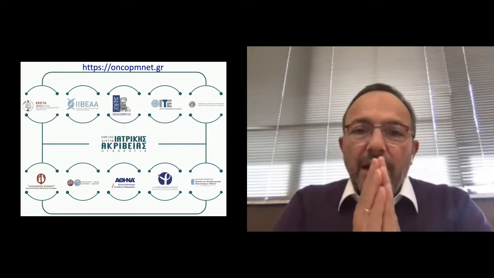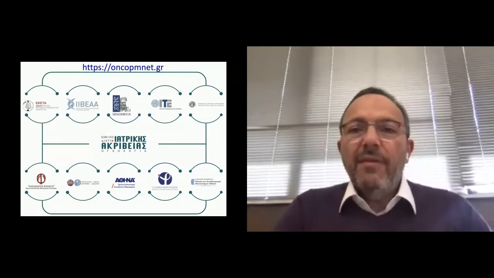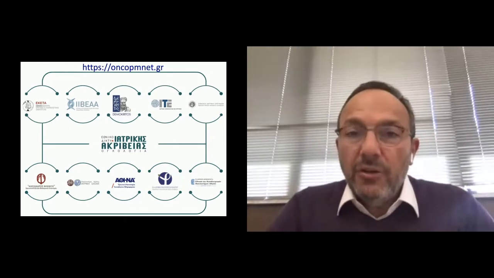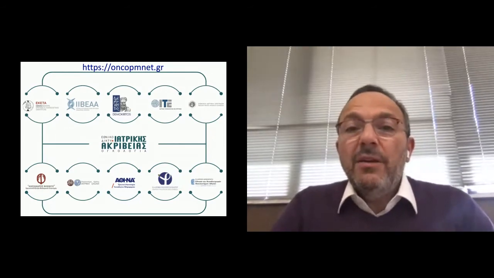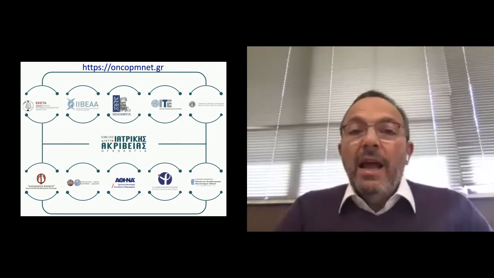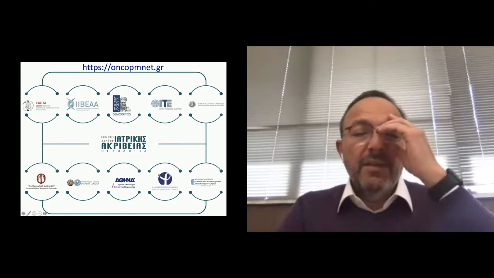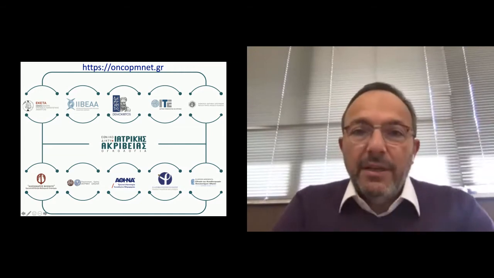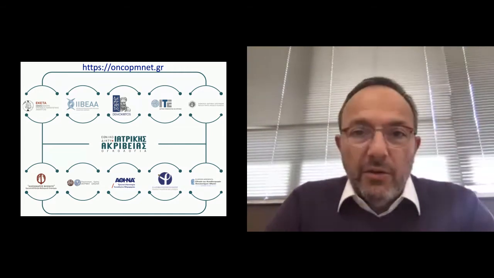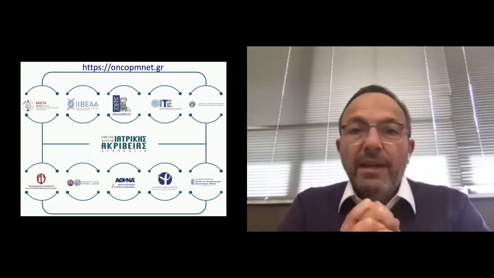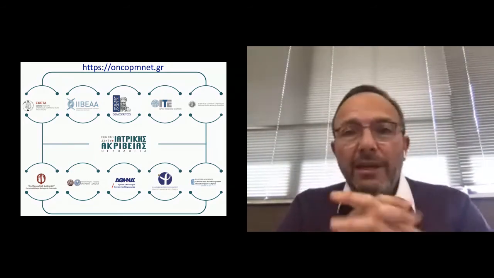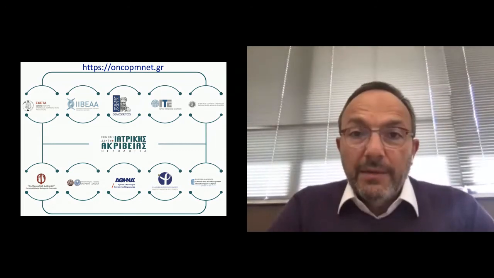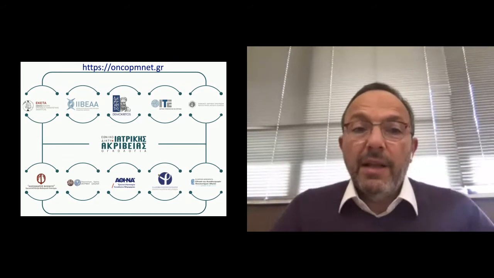In Greece, a flagship initiative of the Greek government has been to create a national network of precision medicine on oncology, and that's the website of the network. Ten research centers or university hospitals are participating to provide diagnostic and analytical services on cancer to the public for free, subsidized by the government.